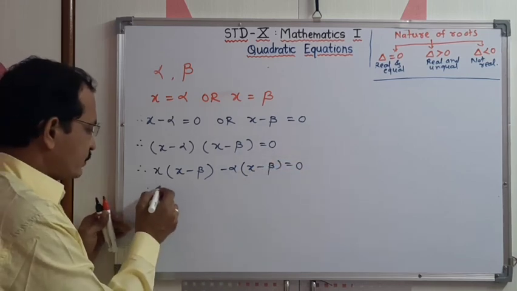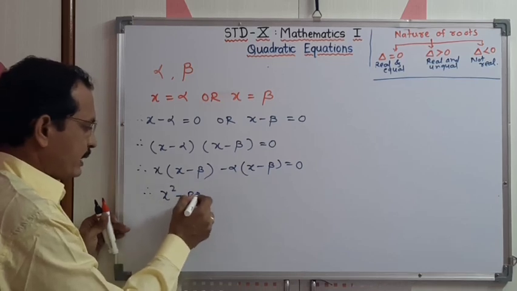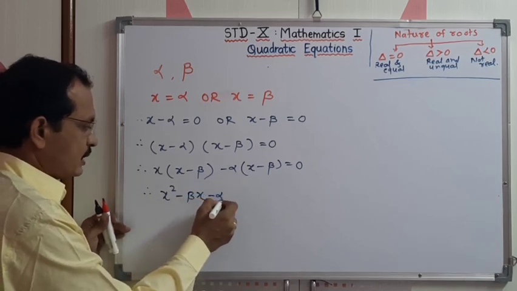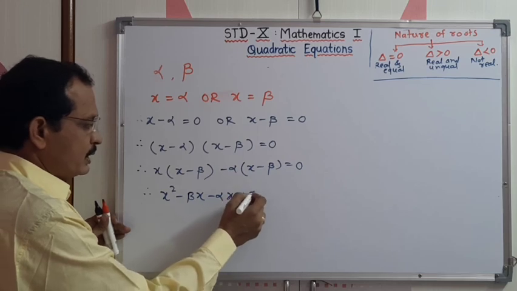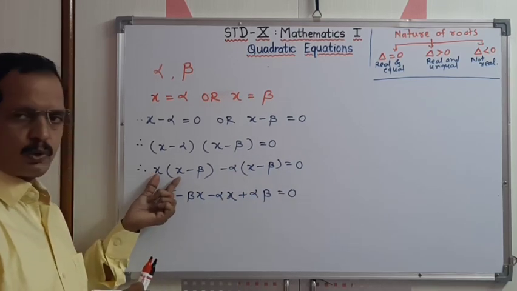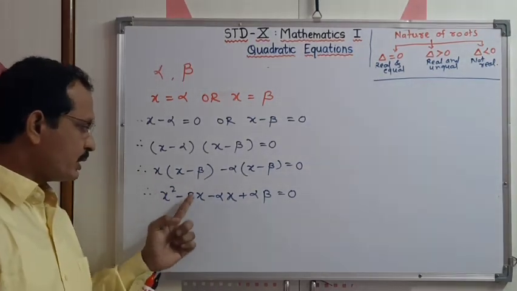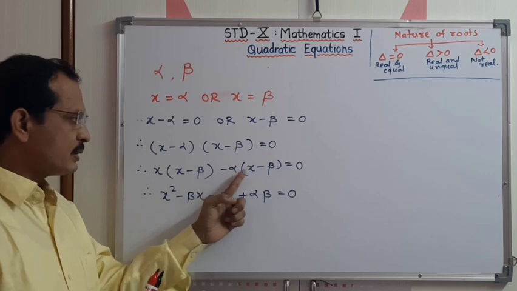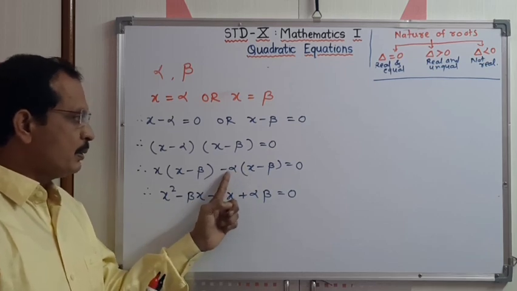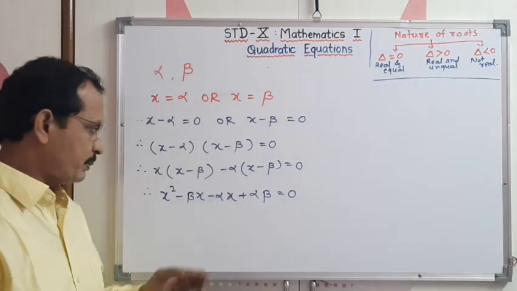After solving this, we get x square minus beta x minus alpha x plus alpha beta is equal to 0. We multiply this: x into x is x square, x into minus beta is minus beta x, minus alpha into x is minus alpha x, minus alpha into minus beta is plus alpha beta.